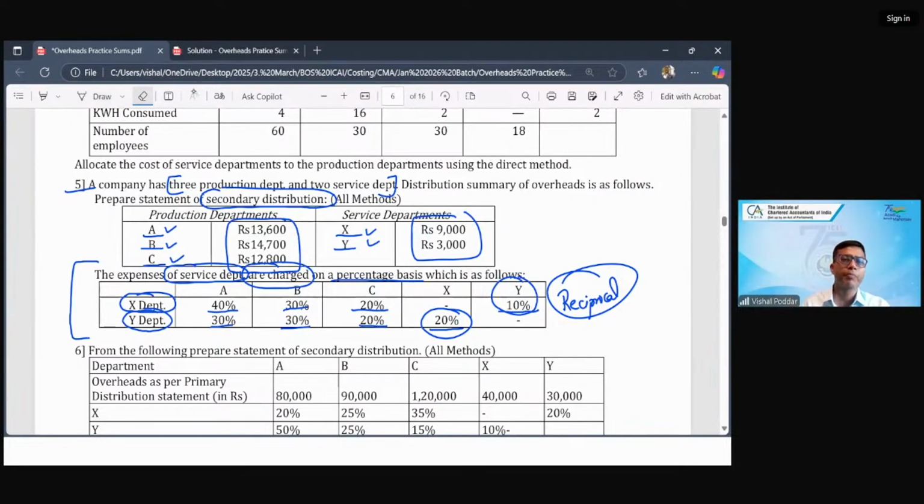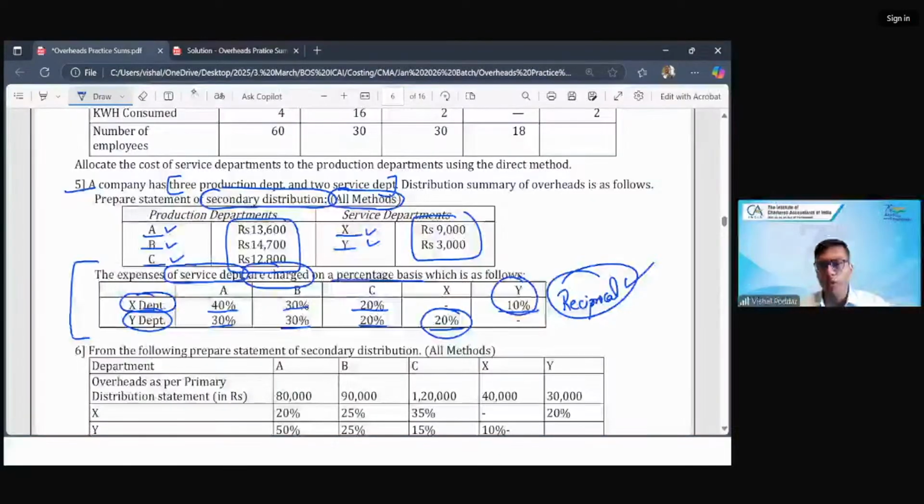Now, originally, this question is of the reciprocal category. But as I said, since we are studying this concept, I want to give you a comparative understanding of this. So we will solve this by all the methods. Now, the question is, how is it possible? Firstly, can you get such type of questions in the exams also, where originally the question is of reciprocal, but they ask you to solve it by direct method or by step ladder method?